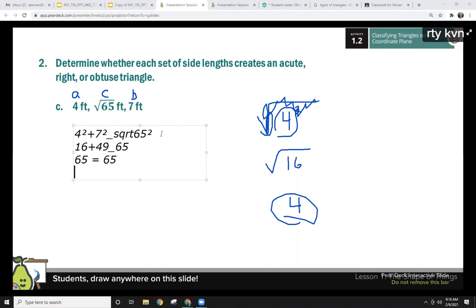So when they're equal to each other, then we have a right triangle.